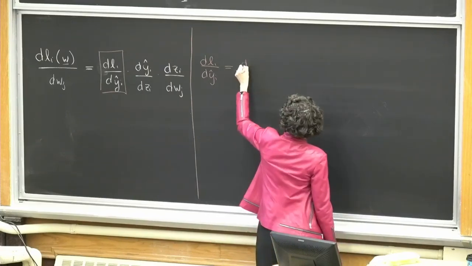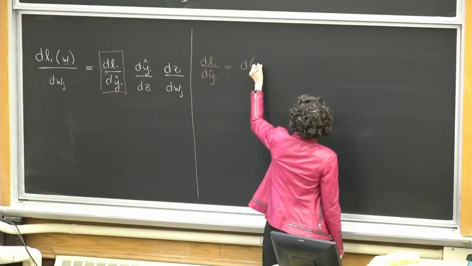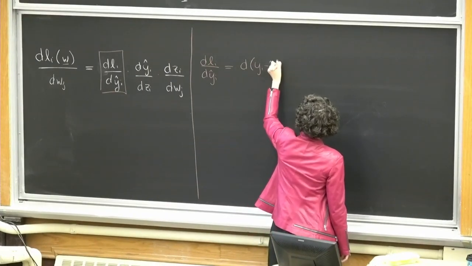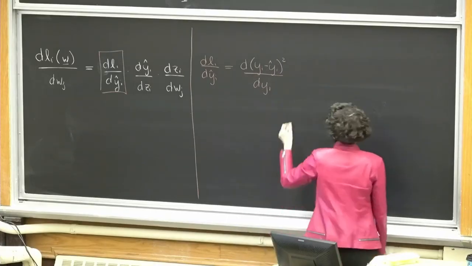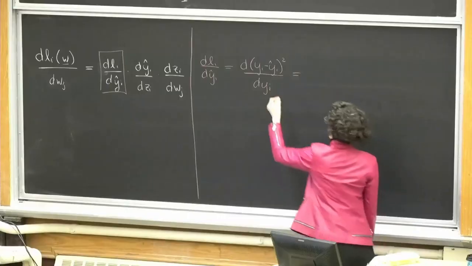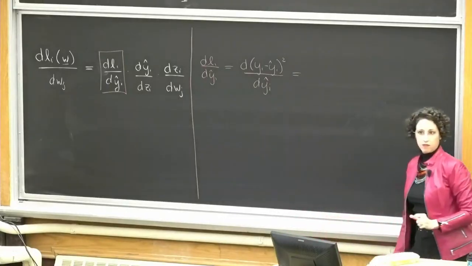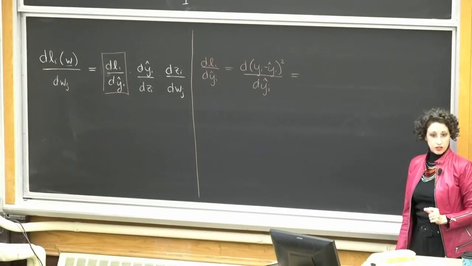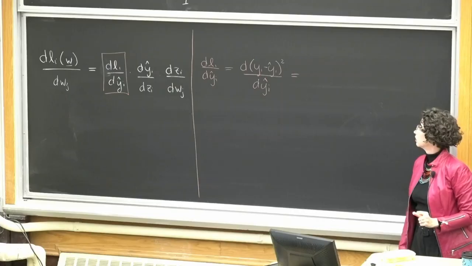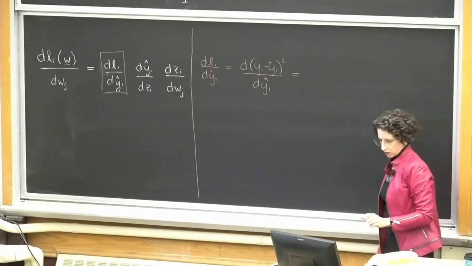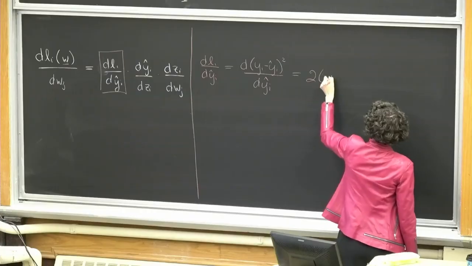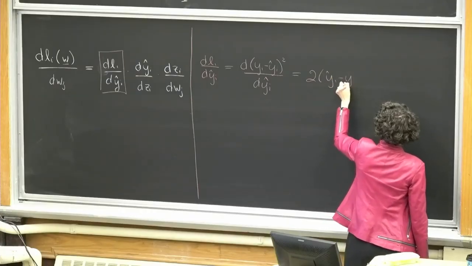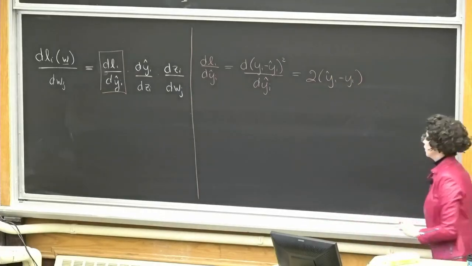So this is the derivative of (yi minus yi hat) squared with respect to yi hat. And what is that derivative? Yes, that's right. So this is 2 times (yi hat minus yi). Exactly right.